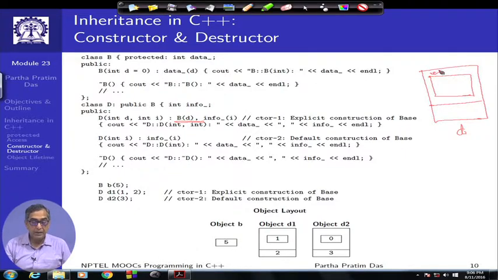Now, the basic principle is that you cannot proceed with the construction of the derived class components, and there could be several components here, until you have finished with the construction of the base instance, because the base instance in a derived class object is unique. It may have 0 or 1 or any number of data members, but under inheritance you can have only one base class instance in the object. So, that must get constructed.